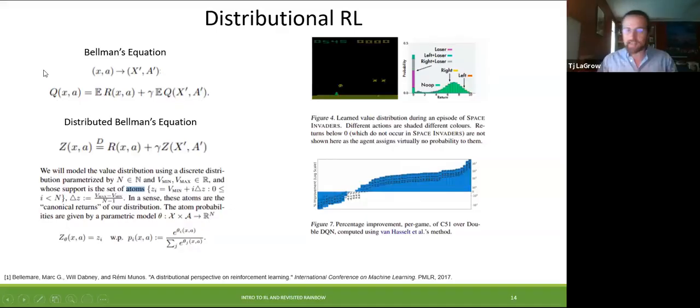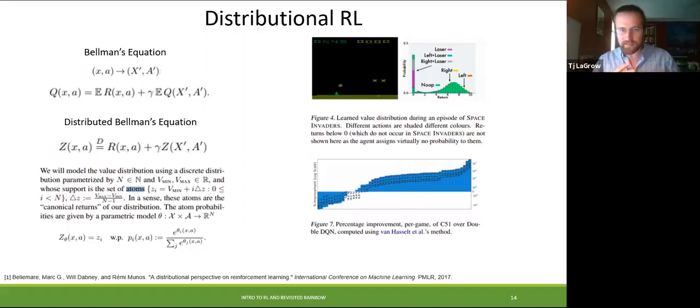What they're trying to do instead is find a distribution Z that is characterized by the interaction of three random variables: the reward, the state-action pair, and its random return. By analogy with the well-known case, they call this quantity the value distribution.